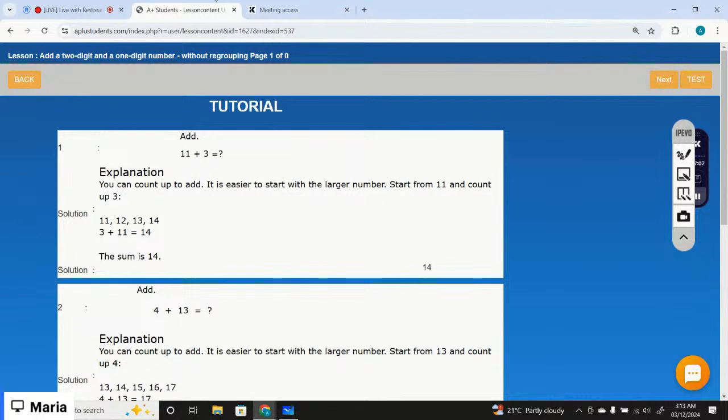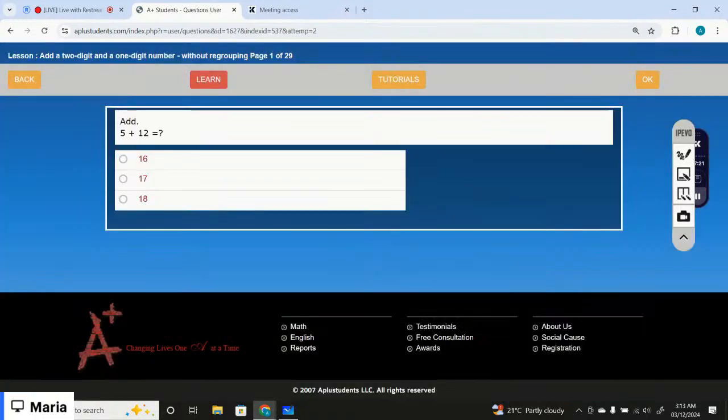So you have to start with 11 and count up to 3. So that is 11, 12, 13, 14. So 11 plus 3 makes 14. The correct option is 14. Let's just start with the test questions.